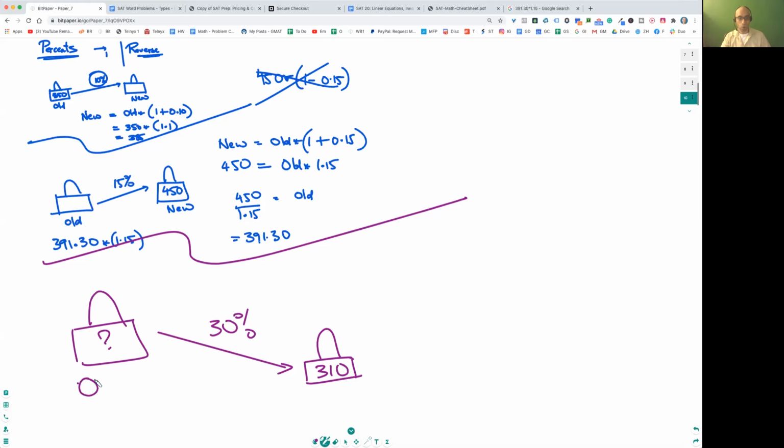Remember, this is your old value, this is your new value, and new is equal to old times something. It's always multiplied. And this is 1 minus 30%. Remember, the 30% is going to be written as 0.3. Try to solve this problem. And once you get it, try to check the answer as well, but see what you get.